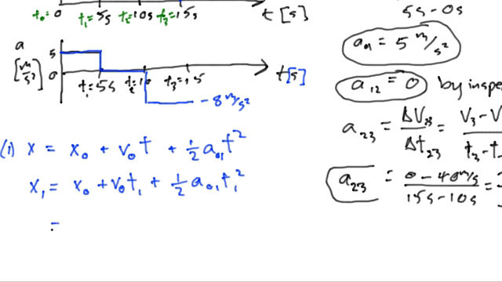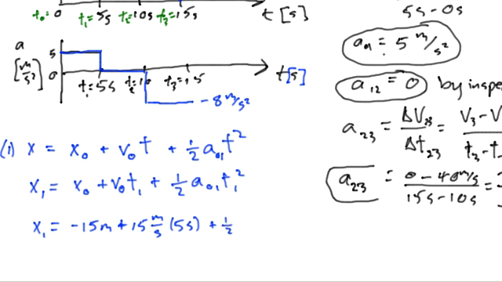So let's find out where it is at the 5 second mark. So it started out at minus 15 meters. It was 15 meters behind the start line to start with. Started out with a positive 15 meters per second velocity. Time t1 is at 5 seconds. And then plus 1/2.